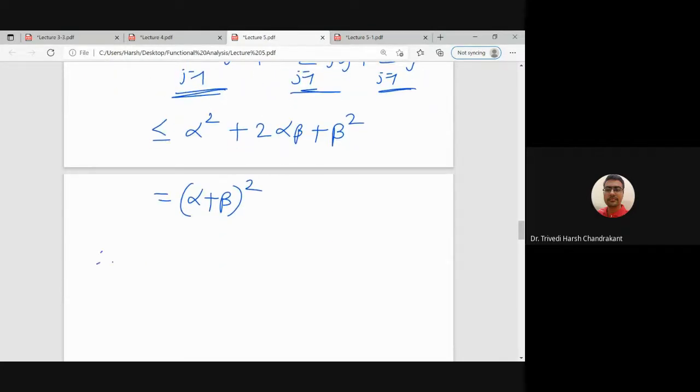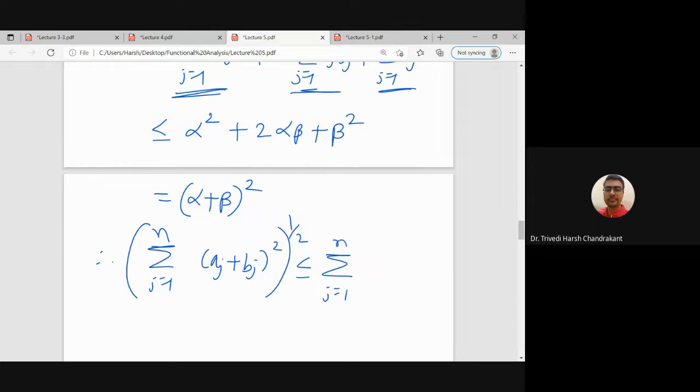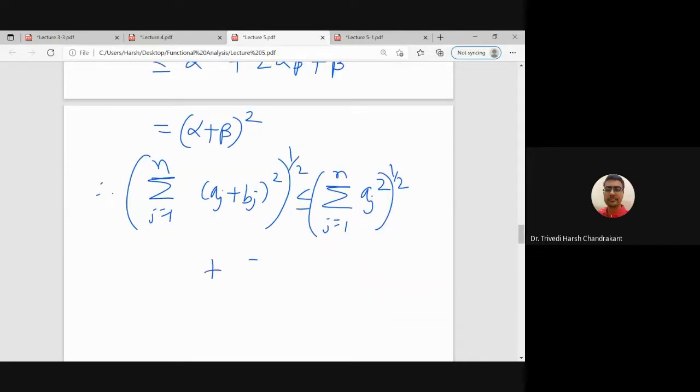So finally we get the square root of summation 1 to n (aj plus bj) square is less than or equal to the square root of summation j equals 1 to n aj square plus the square root of summation bj square, right?